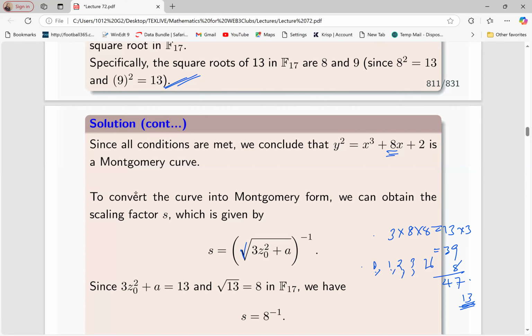When you try up to 8, you find that 8 is the square root of 13. From here, we had found that 8 times 8 was 13, mod 17. So the square root of 13 is 8.